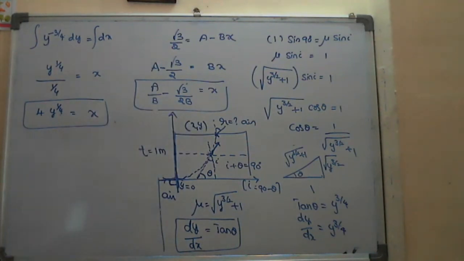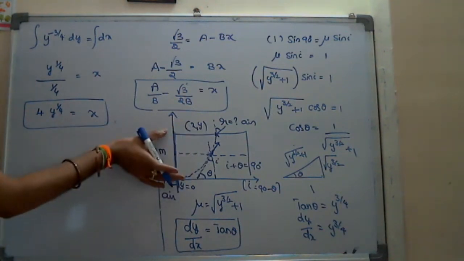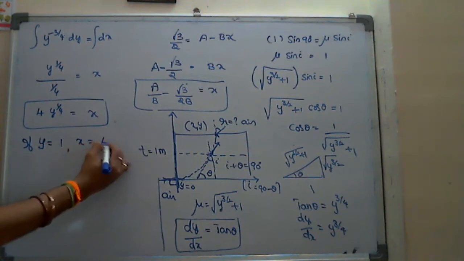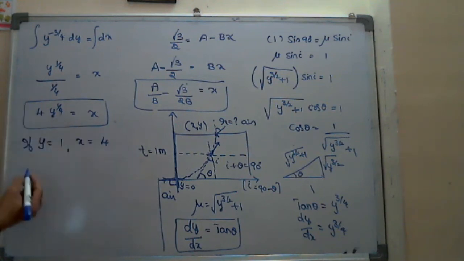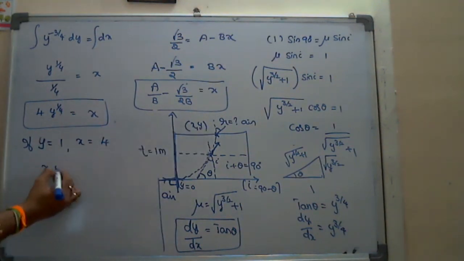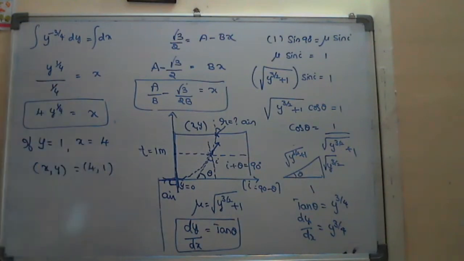The y coordinate I already know: at this point, y is equal to 1. Then x is equal to 4. So it will come out from the glass slab at the coordinates x comma y equal to 4 comma 1. This is one answer he asked.